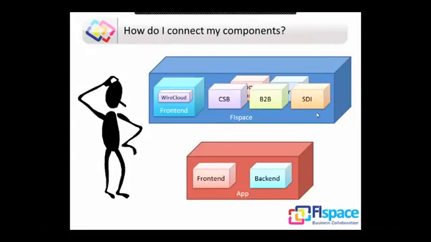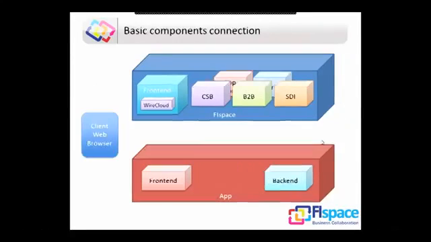Okay, I want to create an application for FISpace, and I see a lot of modules and how we connect my application to FISpace. Firstly, my application will need to implement a REST web service in order to connect to my front end, so they can interact.